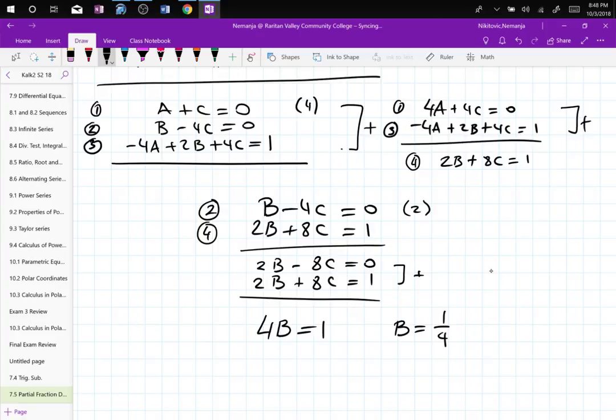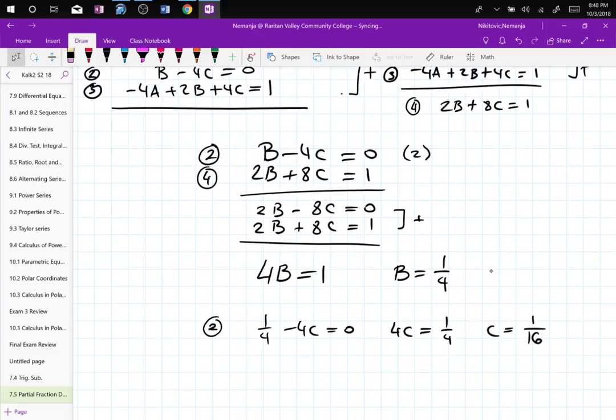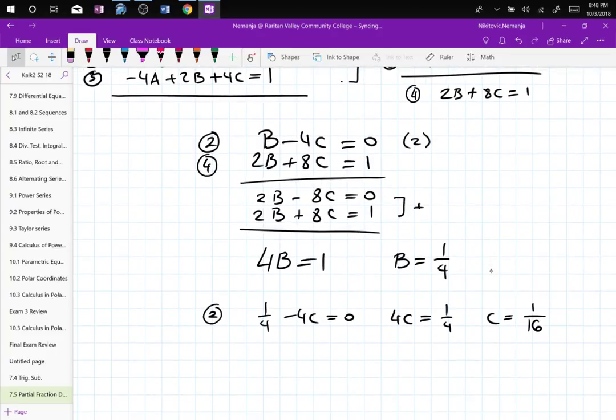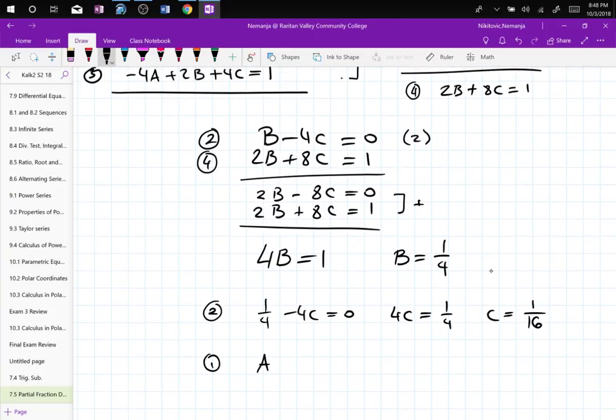So I have equation number 2 now. B is 1/4 minus 4c equals 0. 4c is equal to 1/4. C is equal to 1 over 16. And then A is the opposite of C. So from equation 1, A plus C is equal to 0, which means A is negative C, which is negative 1 over 16.